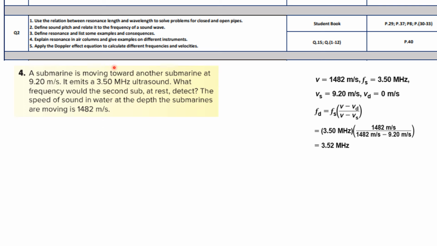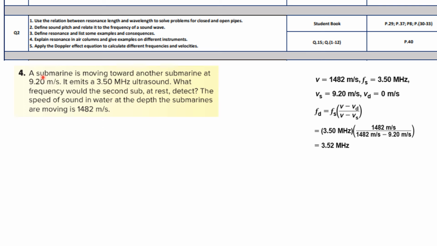Moving to the next part, talking about, I guess, the Doppler effect. I picked question number 4 for that because we didn't discuss the Doppler effect in previous slides. So I think it's worth giving this question.